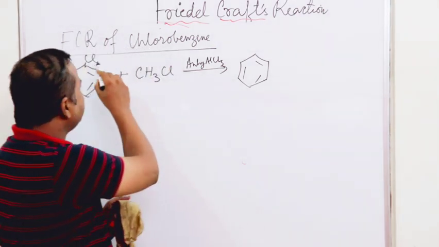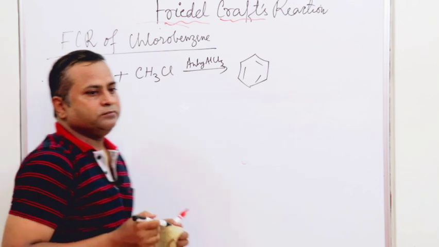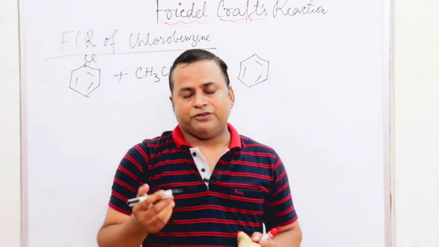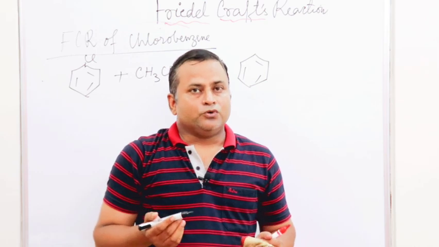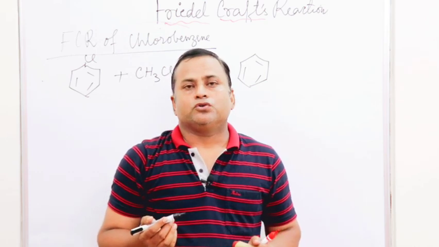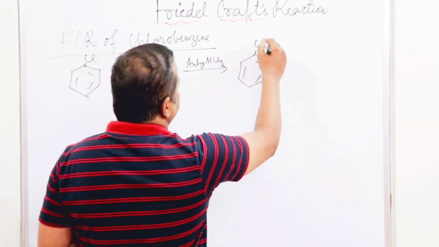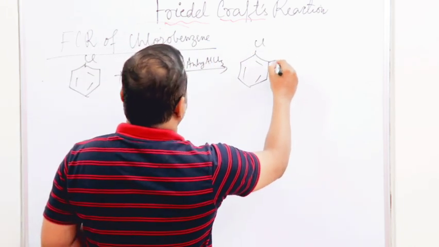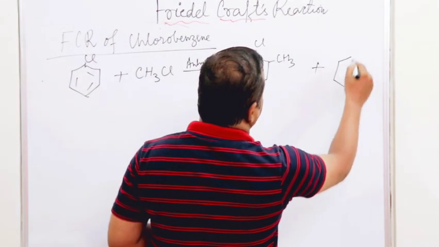because the chlorine group shows resonance, and when we draw the resonance structures, we see that there is more electron density at the ortho and para positions. So because of that, we get two products, the ortho product and the para product.